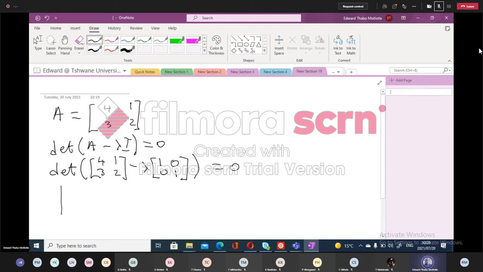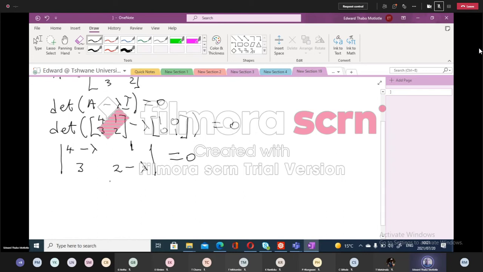So this we can just write in a short notation as 4 minus lambda, and then here we have 3. 3 minus lambda multiplied by 0 is 0, so 3 minus 0 is 3. Here we have 2 minus lambda, and here is what? It's not 0, it's 1. And here we have 1, equals 0.